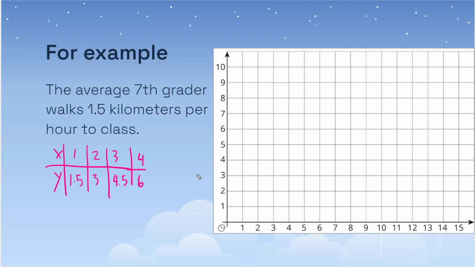So now we can graph this on the coordinate plane. At 1, it's 1.5. At 2, it's 3. At 3, it's 4.5. And at 4, it's 6. Now let's see if I can draw a straight line. Yeah, so good. And it just keeps going on and on.